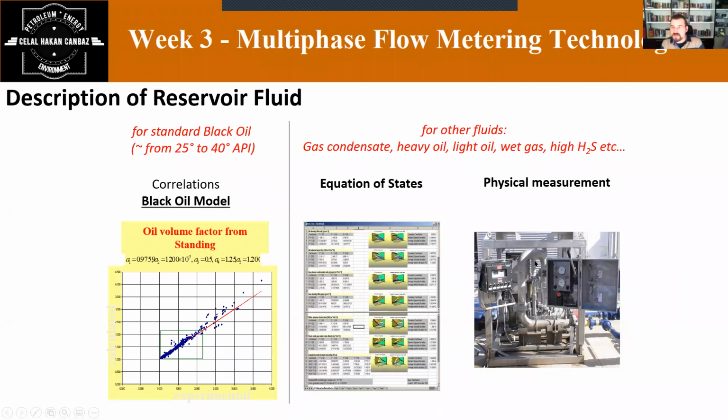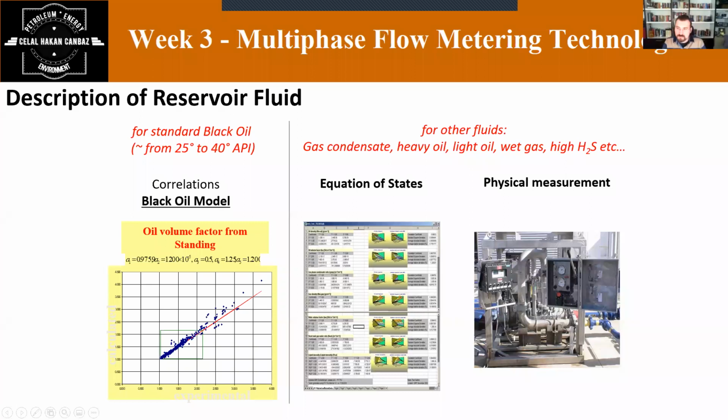In these physical measurements, there's another thing, which I think is only available in Schlumberger, and I think this is one of the best products. This is called Phase Sampler. I will mention this in the next slides.